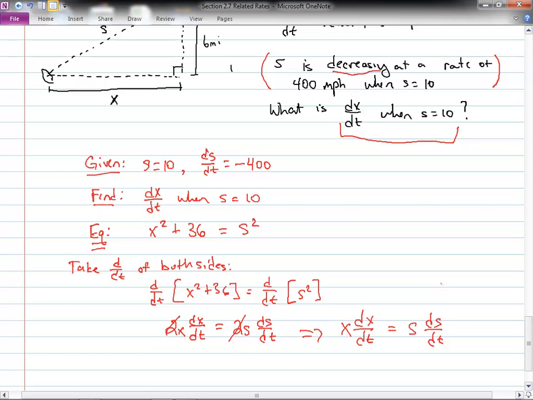How many unknowns are in that? Ignoring what we're given for right now, just how many different things would we have to plug in? We have x, we have dx dt, we have s and ds dt, right? So we need to have 3 of those things. So what do we know? We know s is equal to 10.